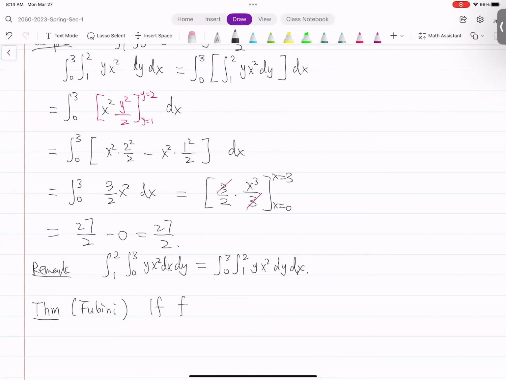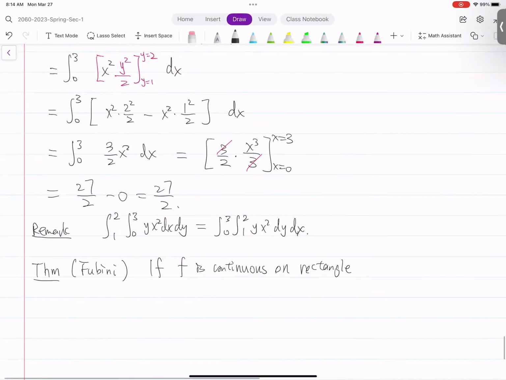So if f, the function, is continuous on rectangle R, then, where the rectangle consists of all the pairs x, y, such that x is between a and b, and y is between c and d.